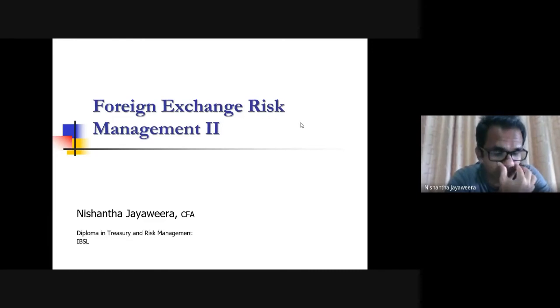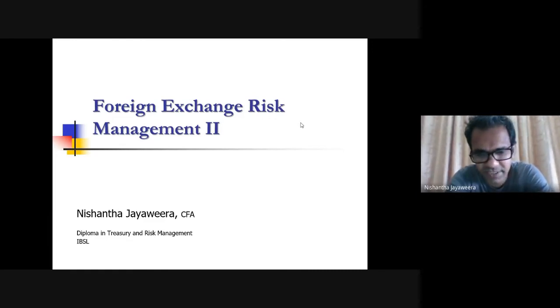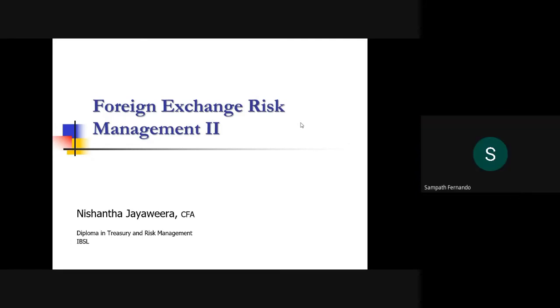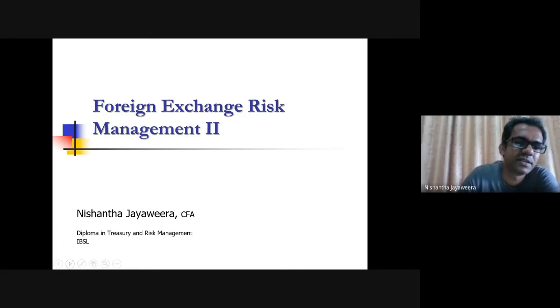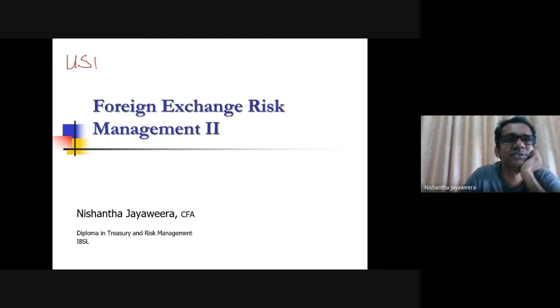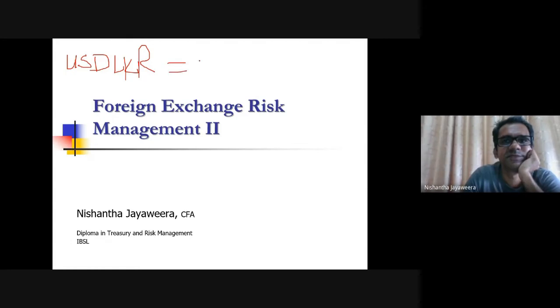Can you remember we discussed cross currency rates and triangular arbitrage? So that's the concept. If we take the USD LKR exchange rate, say for simplicity, it's 200.